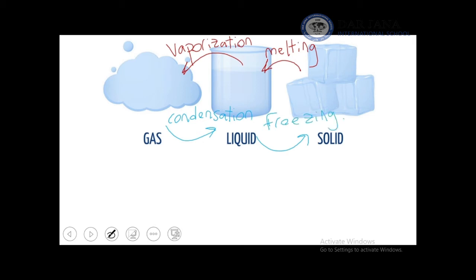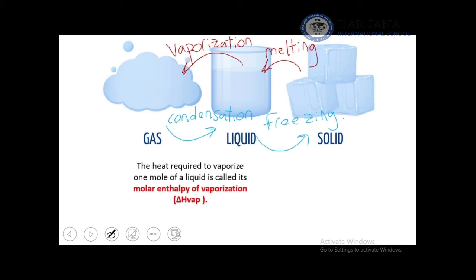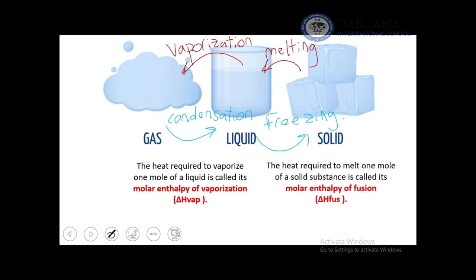Now, let's start with melting and vaporization. The amount of energy required to melt 1 mole of a certain substance is called the molar heat of fusion, while the amount of heat required to vaporize 1 mole of a substance is called the molar enthalpy of vaporization.